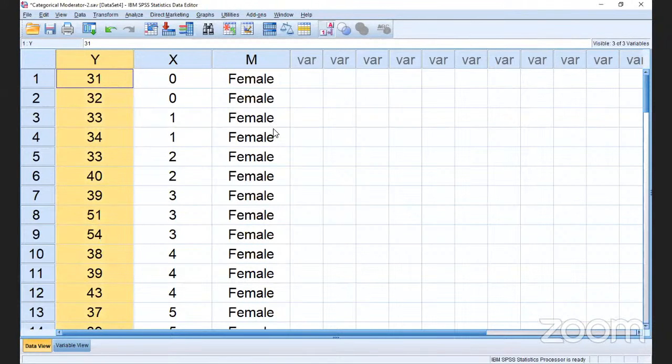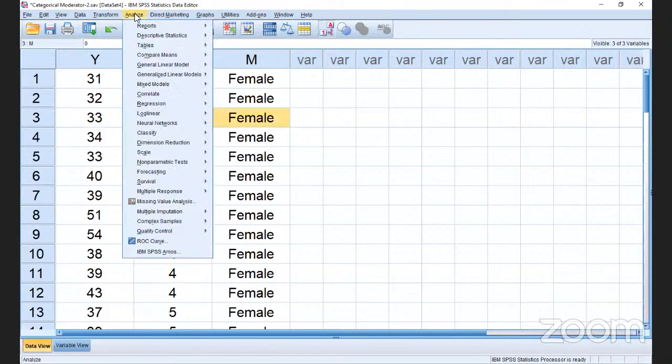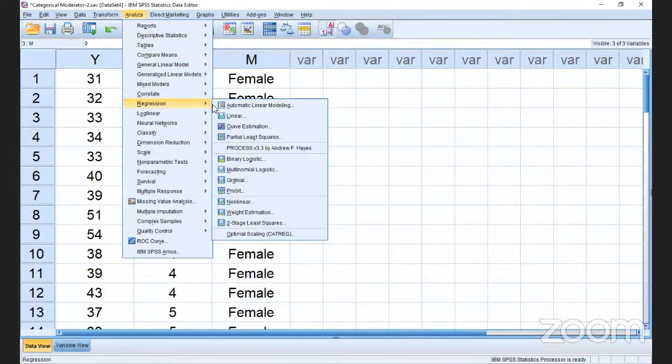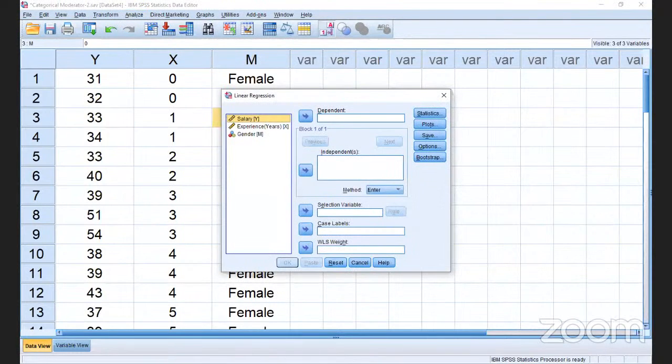First of all, we will use simple regression analysis: Analyze, then Regression, Linear. So salary is the dependent variable, experience is the independent variable.